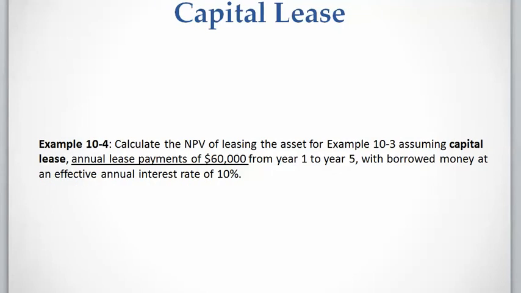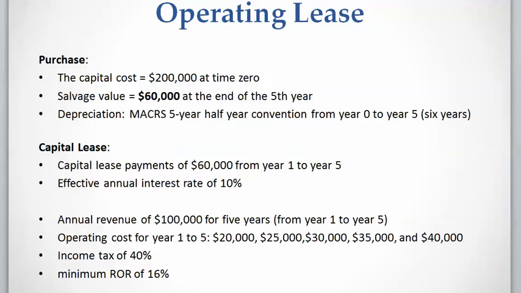If you decide to lease this property using the capital lease method, the annual lease payments are going to be $60,000 from year 1 to year 5, and the annual interest for the lease is going to be 10%. So this is the summary of the problem. The capital cost is going to be $200,000 if you buy the asset, with a salvage value of $60,000.